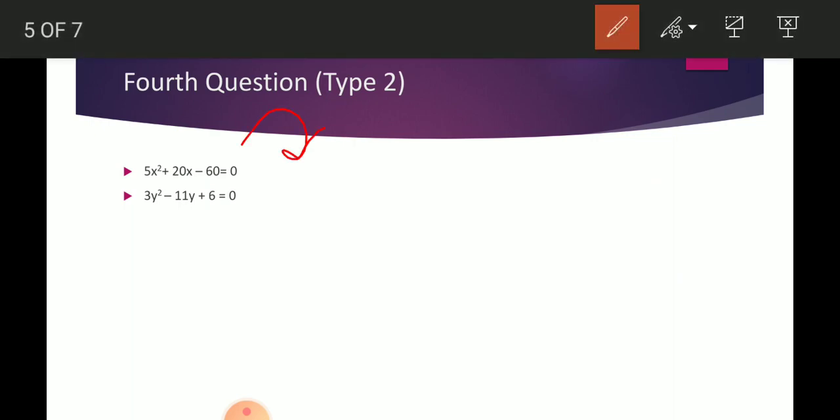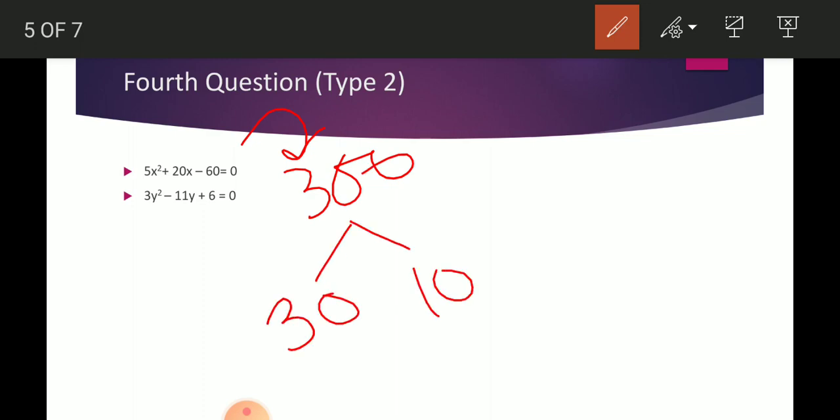In this problem, the product of the first and last term is 300. If we factorize it, we will get 30 and 10. Now since the sign before 20 is positive, the sign before the higher value will be opposite to that, that is negative, and the sign before this 60 is negative, so both roots will have opposite signs, that is, the sign for this 10 will be positive.